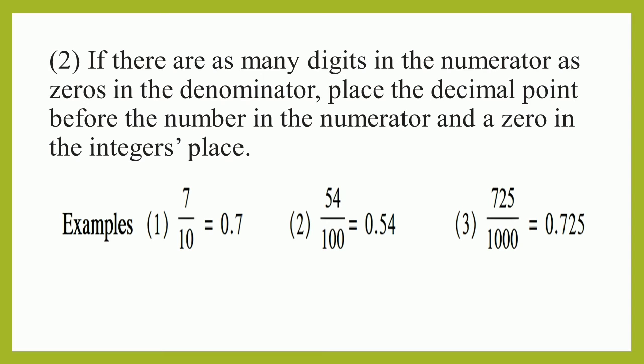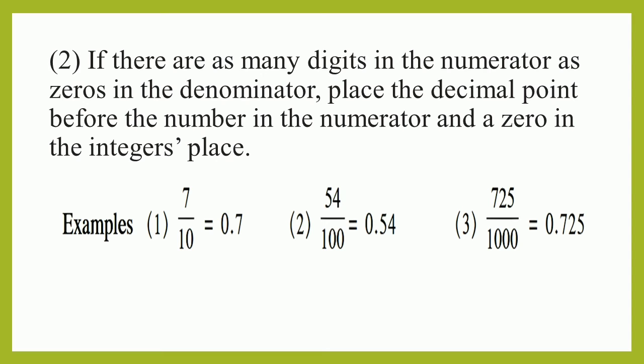Let's see the next rule of converting a common fraction into a decimal fraction. If there are as many digits in the numerator as zeros in the denominator, place the decimal point before the number in the numerator and a 0 in the integer place. So this is a very easy rule. The number is 7 upon 10.